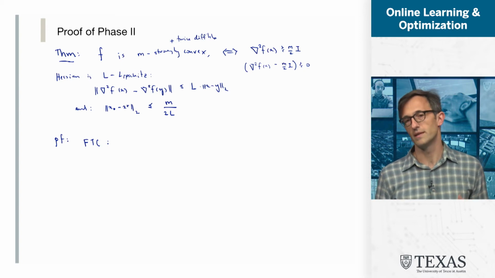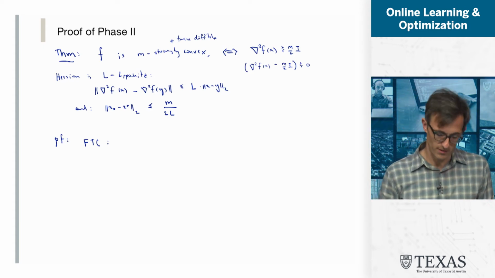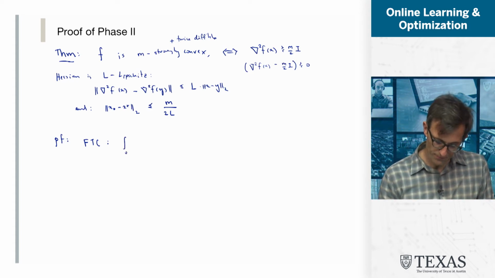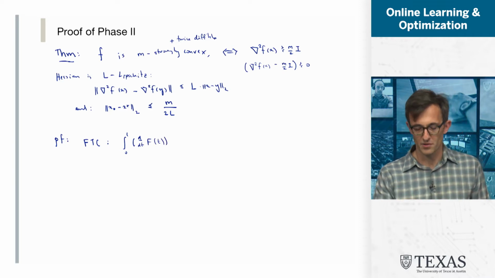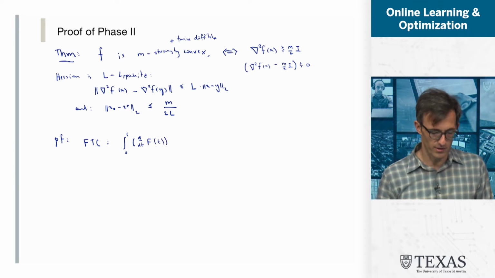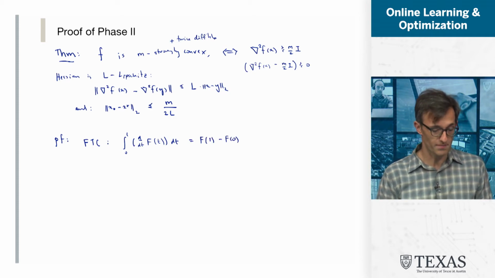Or in other words, if I take the integral of the derivative of a function, that's equal to the function evaluated at the endpoints. So specifically, the integral from 0 to 1 of d/dt of a function capital F of t, I'm just using capital F so we don't necessarily associate it with the function that we're optimizing here, it's an arbitrary function, is equal to F of 1 minus F of 0, the function evaluated at the endpoints.